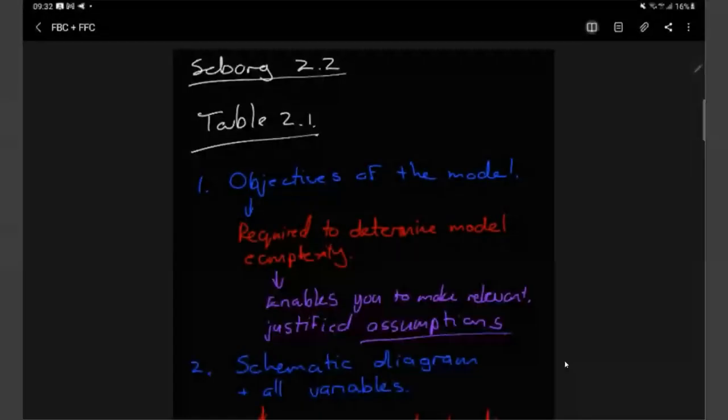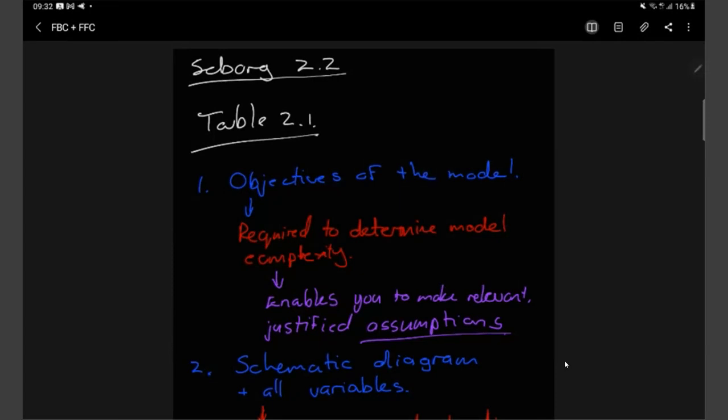Degrees of freedom, I am going to skimp over a bit, purely because we will be doing that in a little bit more detail during the next couple of lectures when we do specific examples for known systems. But it is extremely important, and in the next couple of weeks you'll get a lot more experience in that in any case.